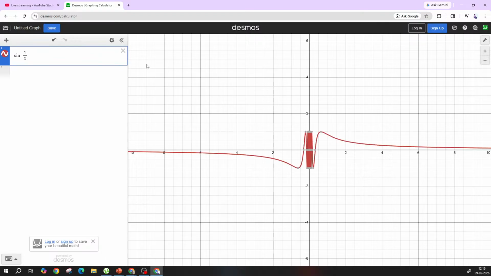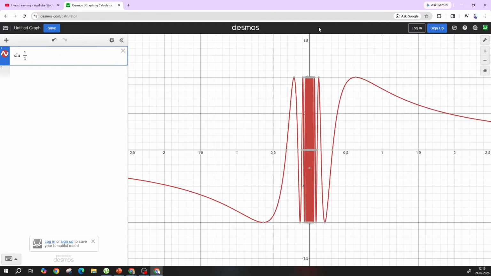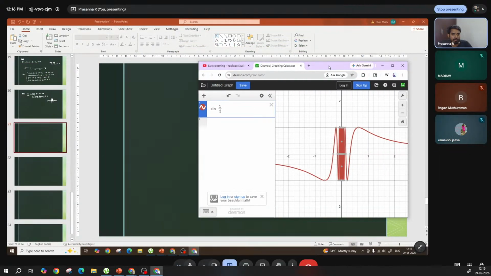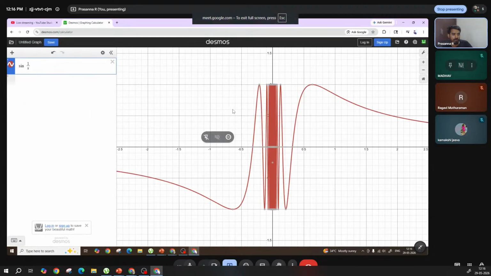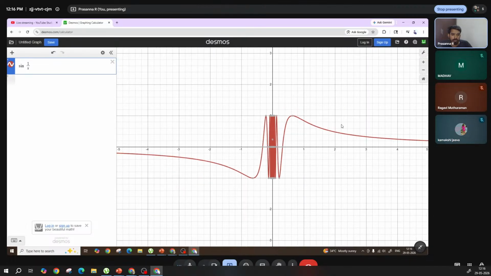You can see the sine 1 by x graph. When x is tending to 0, it oscillates between minus 1 and 1, right? The graph will be very smooth, but when it reaches 0, you can see it just flutters between minus 1 and plus 1, like a butterfly.